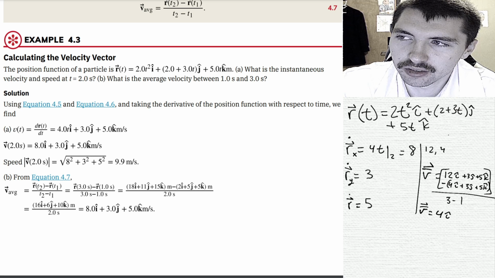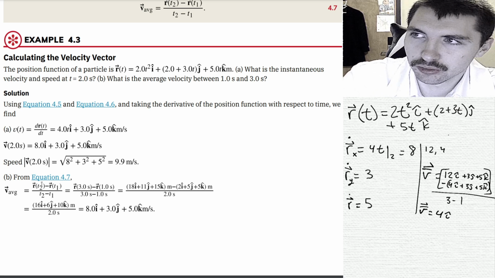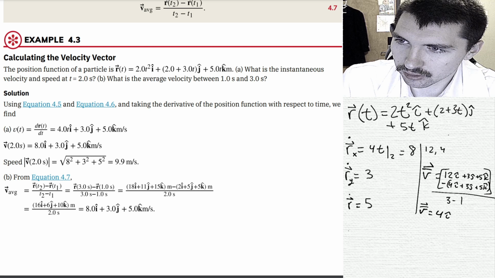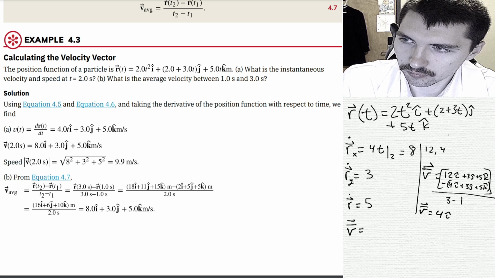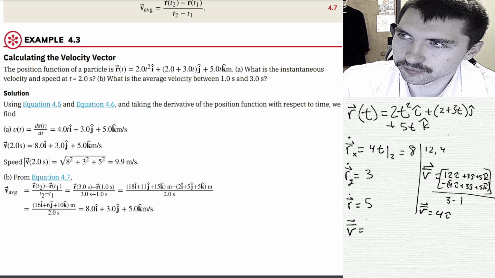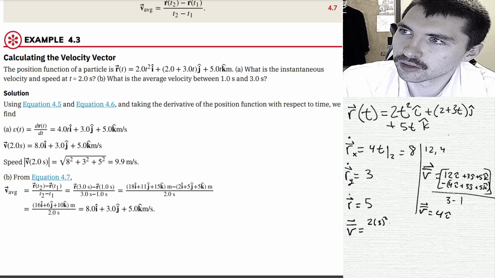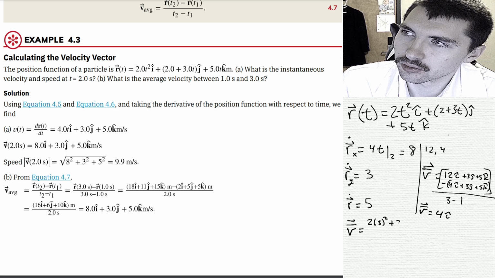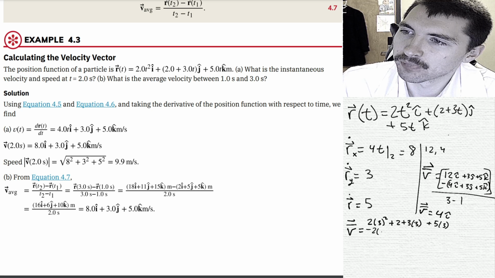Looks like I plugged in V. So it should have been 2 times 3 squared plus (2 plus 3 times 3) plus 5 times 3, minus 2 times 1 squared plus (2 plus 3 times 1) plus 5 times 1.